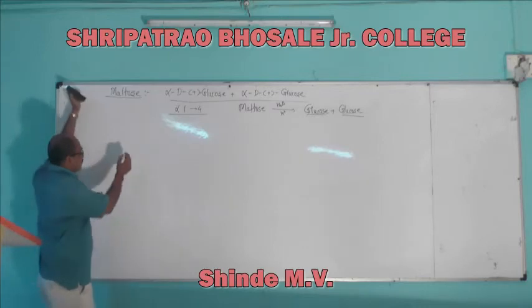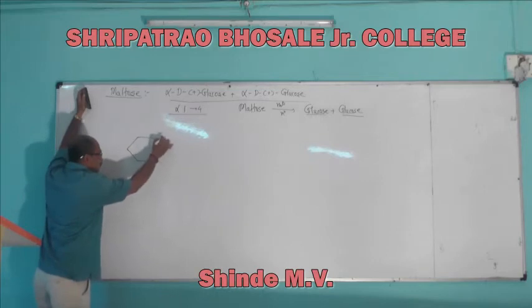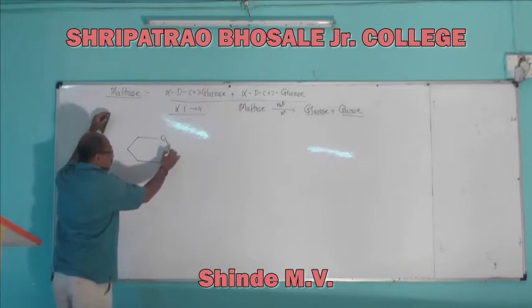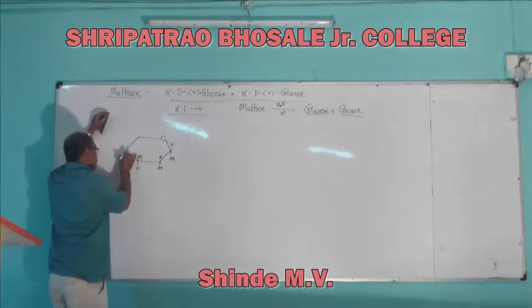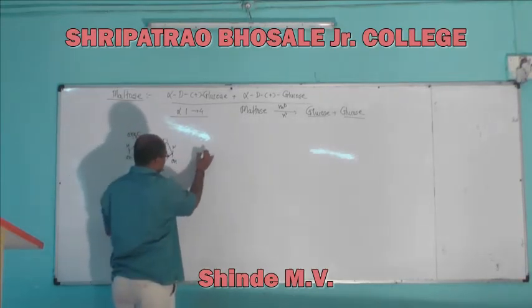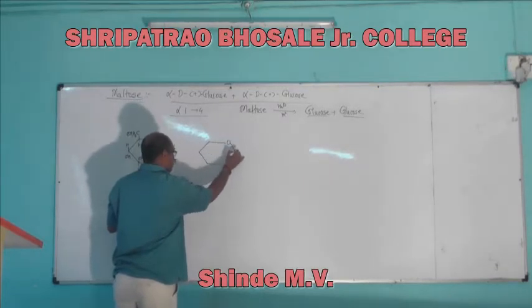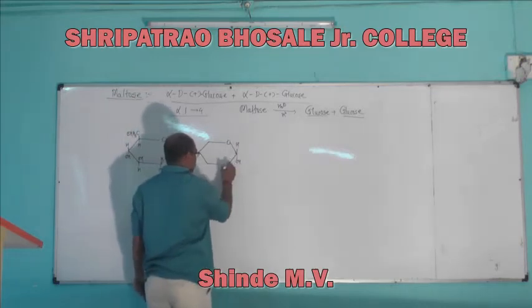This involves two monosaccharide units: the first is alpha D glucose and the second is also alpha D glucose.